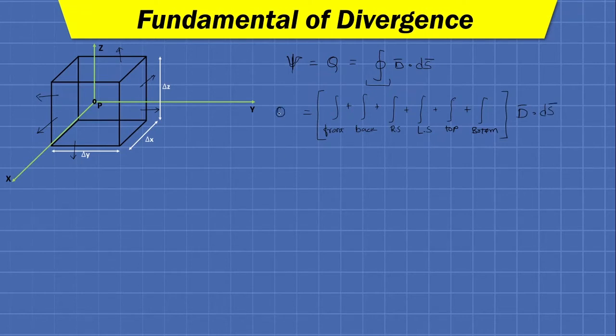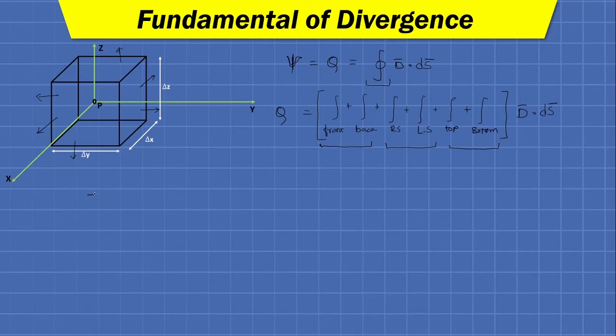Now what will we do? We will calculate any one pair of surfaces. Either you can choose the front and back surfaces, the left and right surfaces, or the top and bottom surfaces. Once you calculate for one pair, the other 2 pairs will give the same result with different operands, so finally we need not calculate for all 6 surfaces. So I am taking the very first pair, the front surface and the back surface.